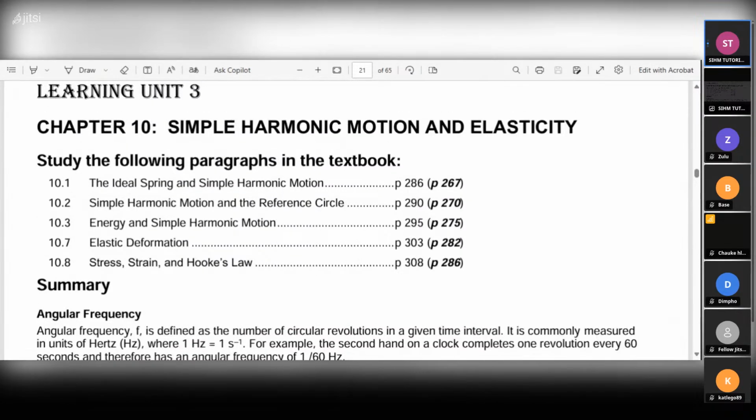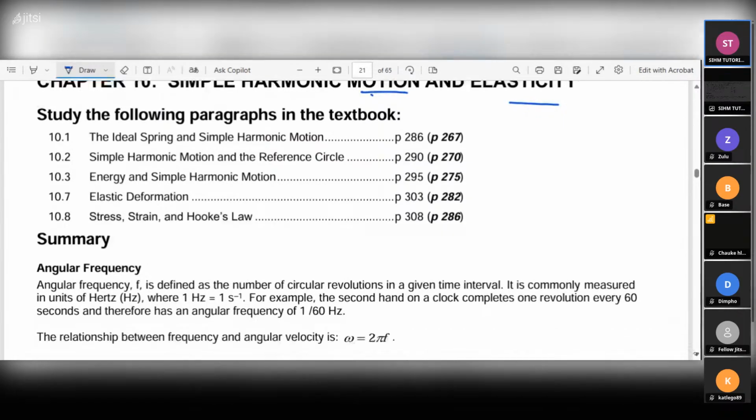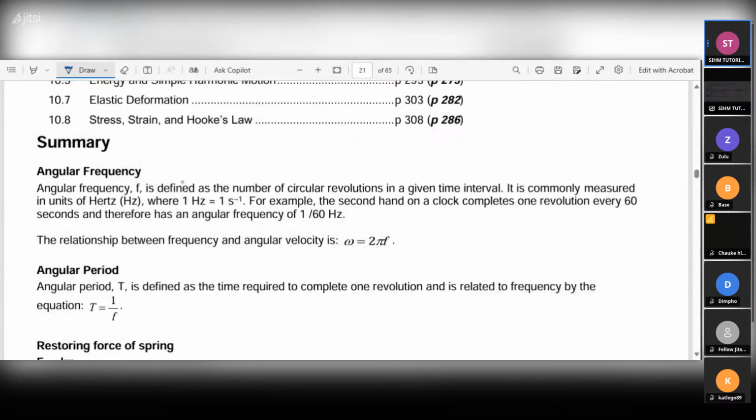If you can check here, we'll be dealing with the spring, and then we have the motion, the elasticity, and here we'll be dealing with the simple harmonic motion.